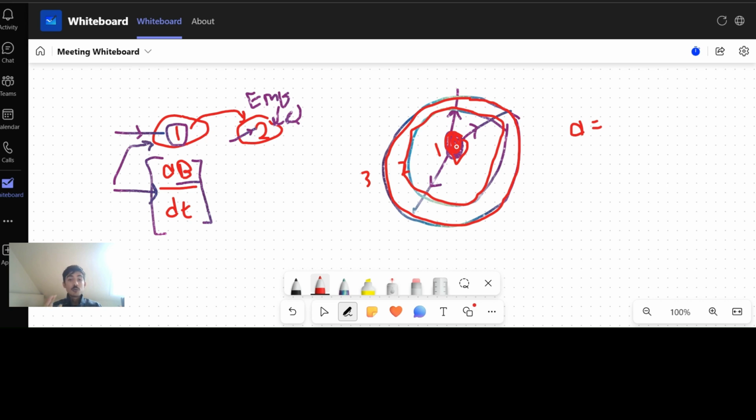So it is dependent on it, but this is the two loop case. But in the one loop case, the loop is anyway associated.